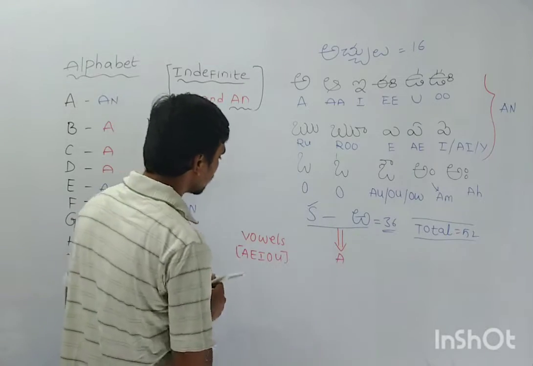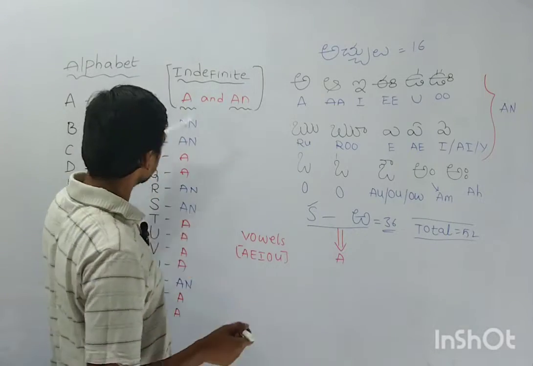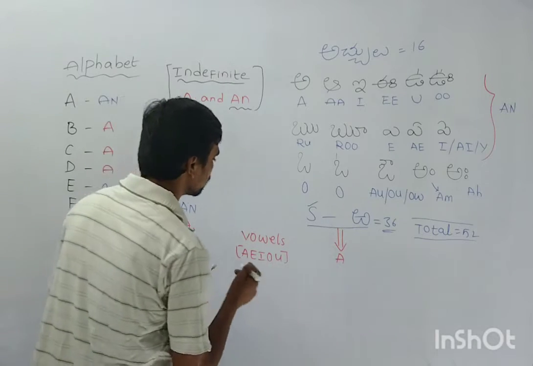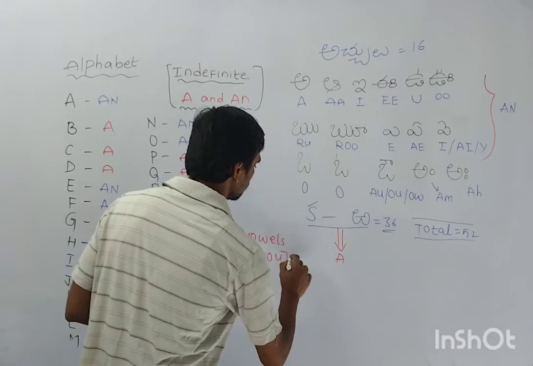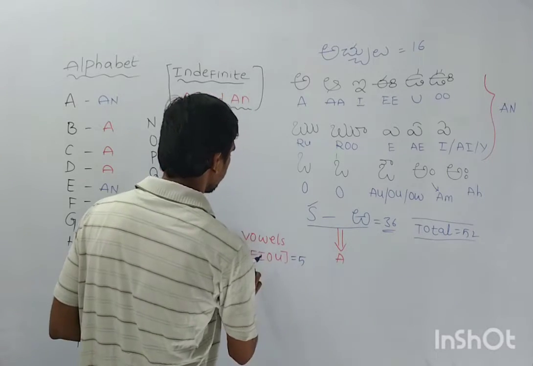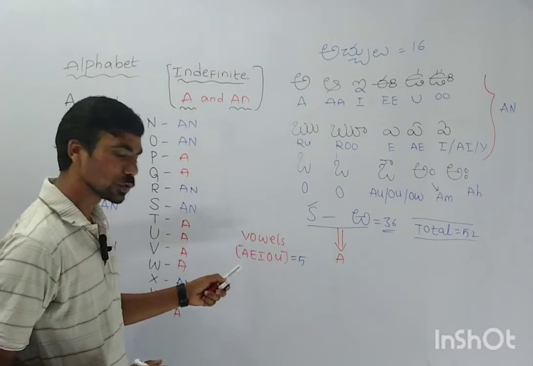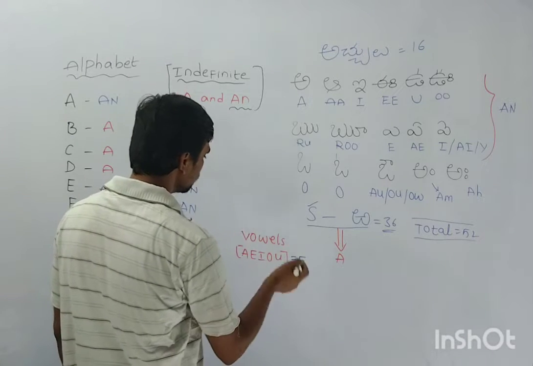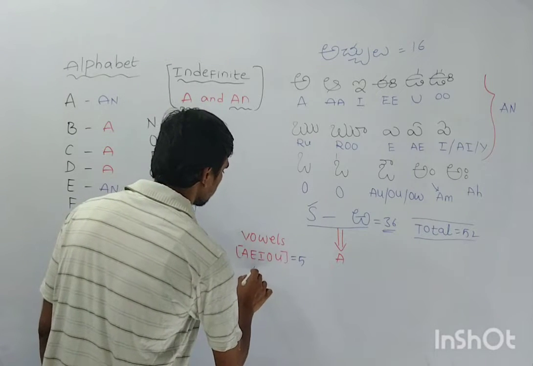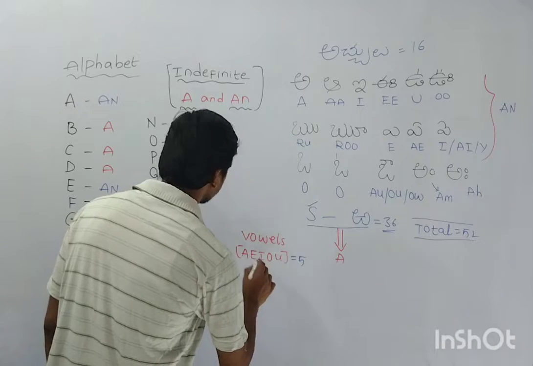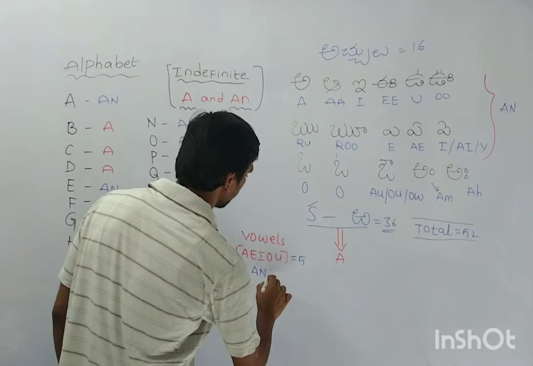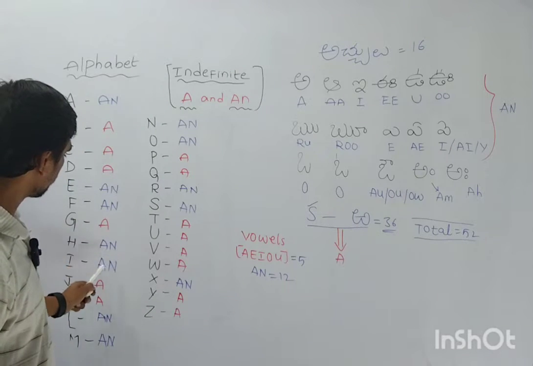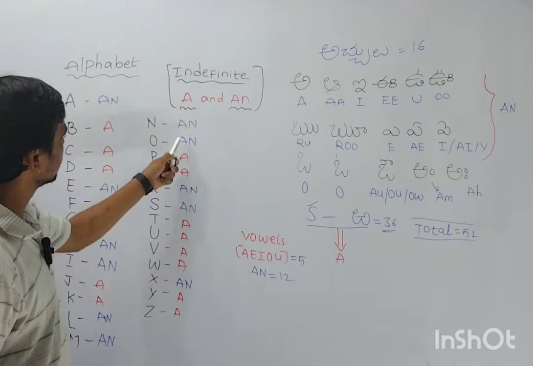I just explained all this, then I wrote this. There are 5 types, as I told you, A, E, I, O, U. The alphabet letters with this sound are 12.